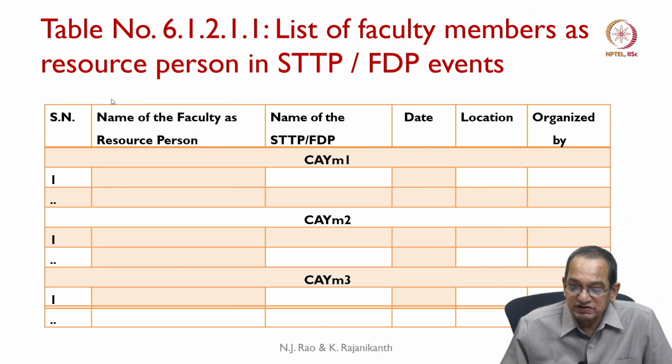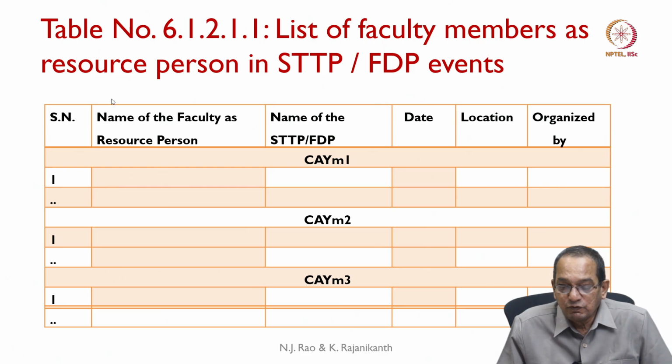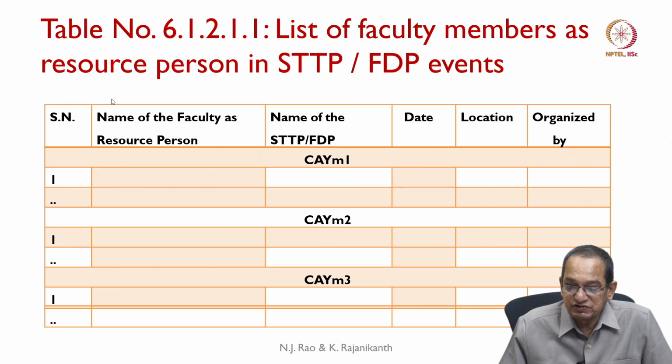So, provide these details, and as I mentioned with respect to the previous criterion also, we must have full documentary evidence to support these claims, preferably also some photographs and appropriate proceedings or whatever documents got generated, all those details.